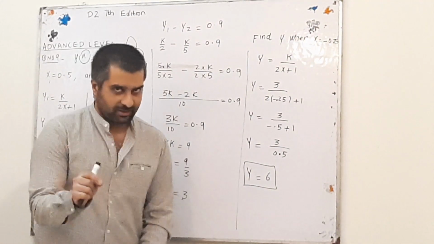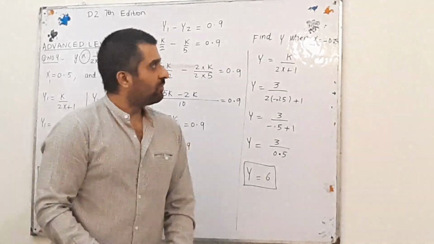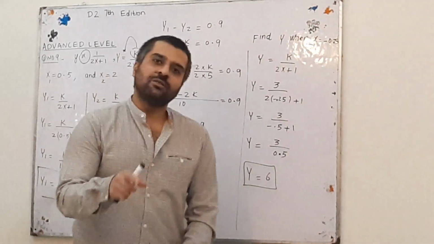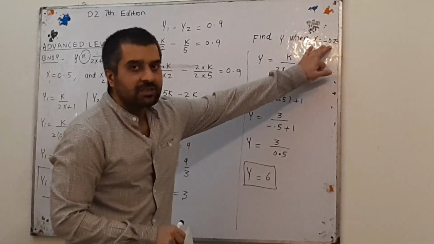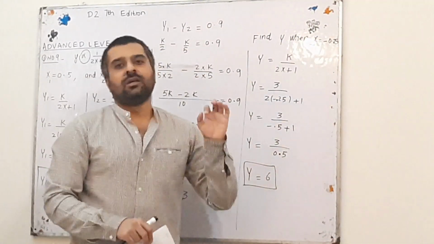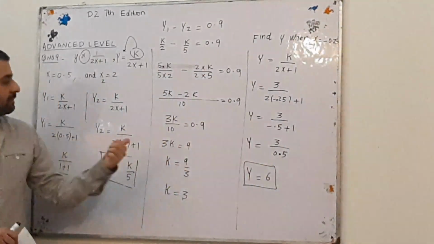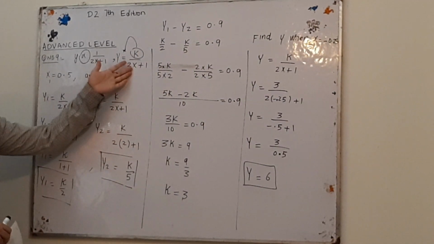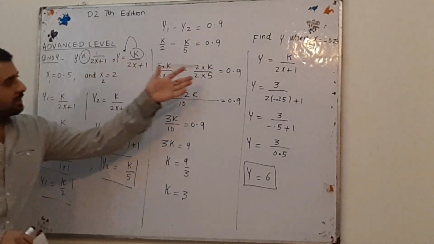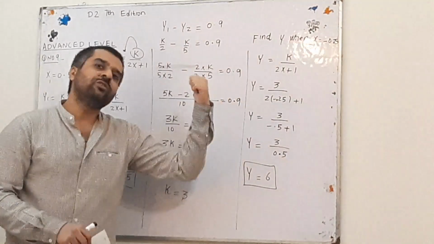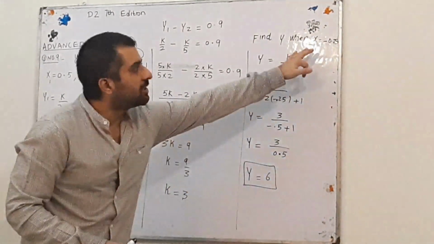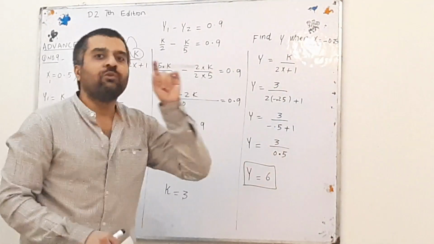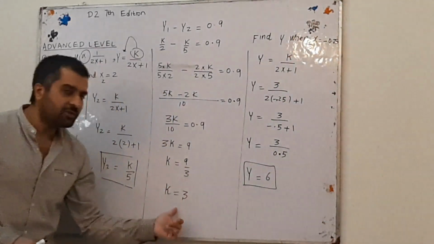Now the question is, find the value of y when x is minus 0.25. Use the equation y is equal to k over 2x plus 1. Use x as minus 0.25, which they have given, and k is 3.